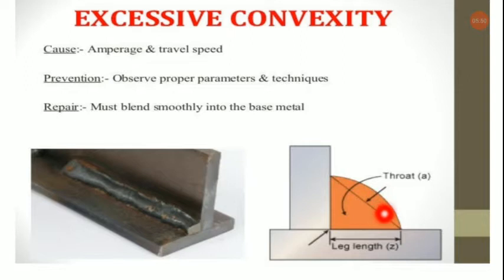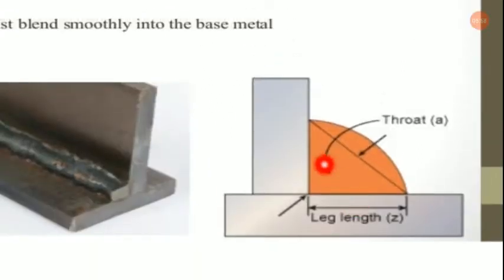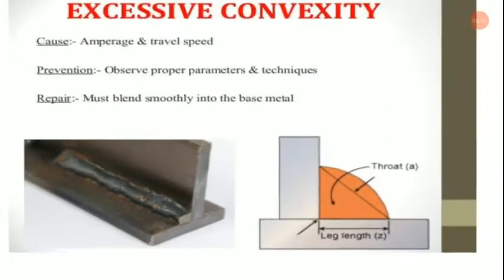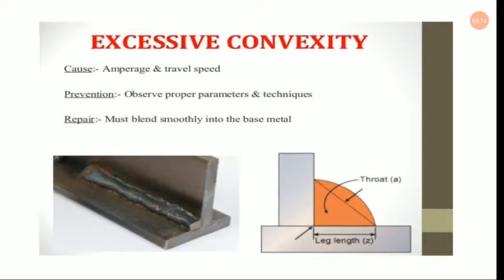These are the throats, as you can see, and this is the leg length, sometimes denoted by S. For normal welding without any defect, the S is this height and this height. So these two heights will be the same in the fillet joint. This is the size length, the weld size also.